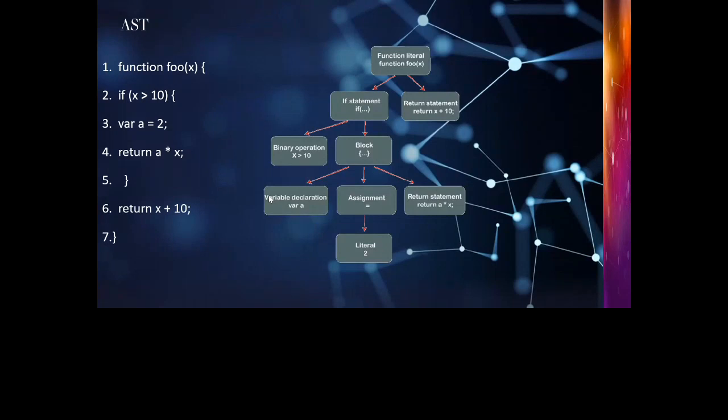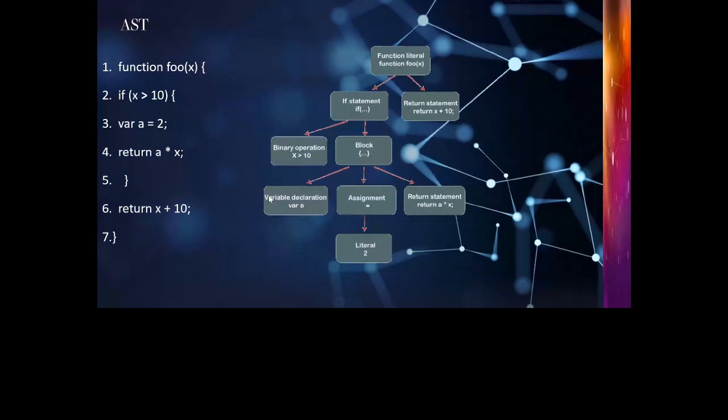For example, if there is a function foo, you can see on the tree that a function literal foo is there. After that it shows what the work of it is. It will have an if condition, and after that when the if block finishes, it returns x plus 10. So it has two parts, an if condition and a return statement.